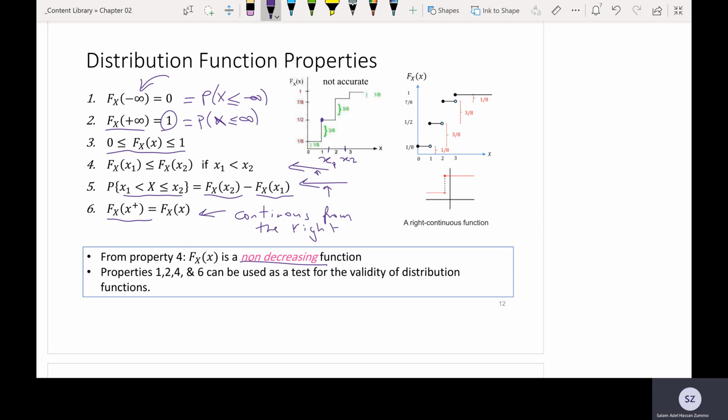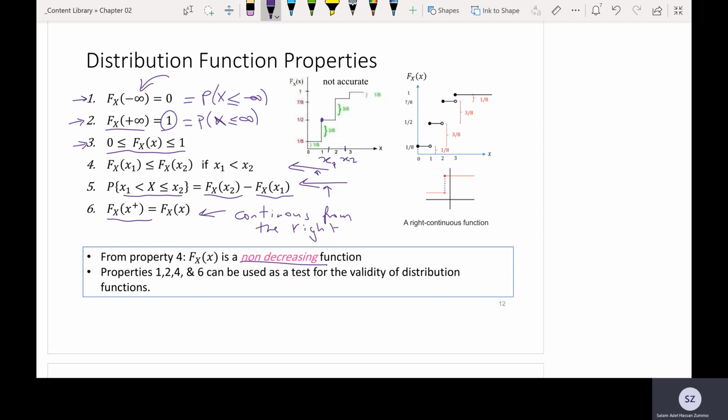Now, if I give you any function and ask you to check whether this is a valid CDF or not, what do you need to check? First of all, it is 0 at minus infinity, and it is 1 at infinity. Also, it has to be between 0 and 1.